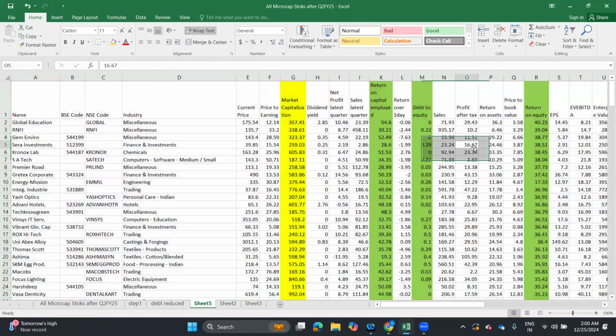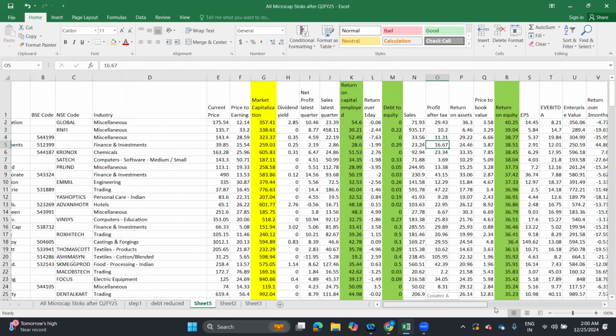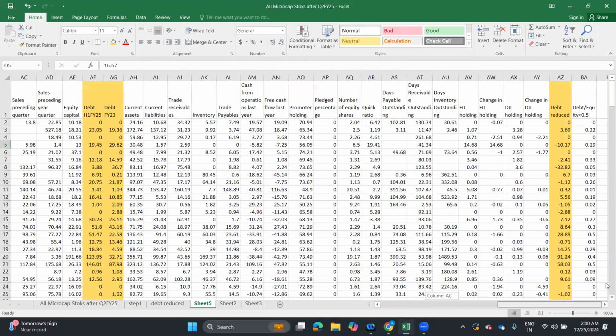Correct. So now we are able to see which stocks have reasonably high ROE and zero debt, like who has paid back their debt to become zero.